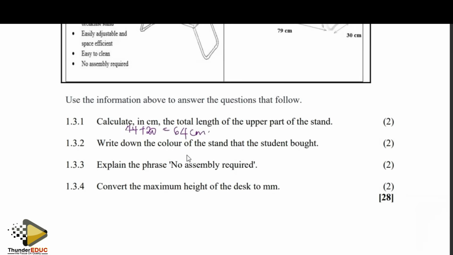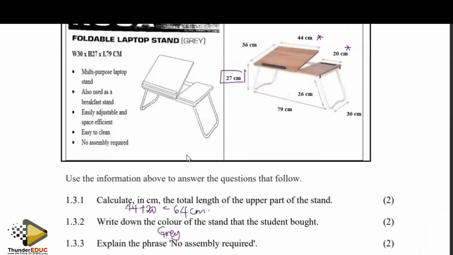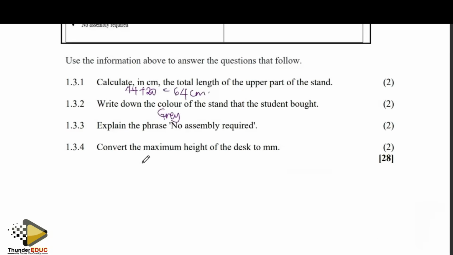Which color of the stand did the student buy? We are saying it's gray. Why do we say it's gray? We look here, the foldable laptop stand, and the color is here inside the brackets. Explain the phrase no assembling required.